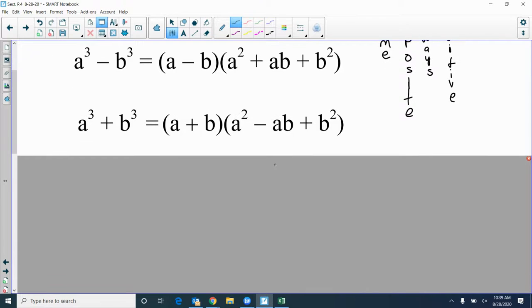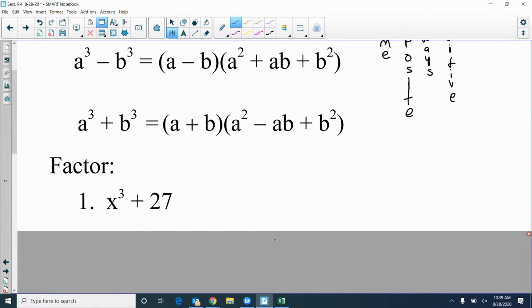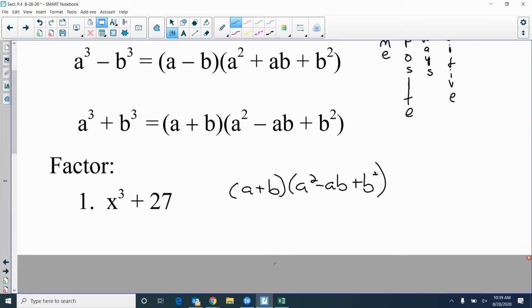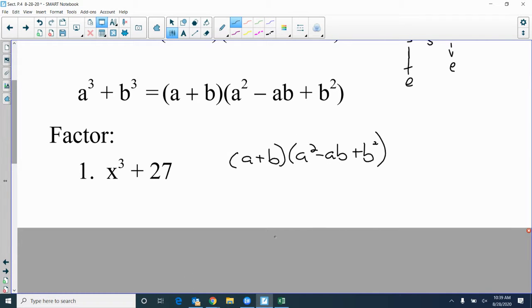Let's take a look at a case here. x cubed plus 27. Now it's a plus, so it's gonna be a plus b times a squared minus ab plus b squared. You just need to identify what your a and b are. x cubed is fine, but 27 I'm gonna rewrite as 3 to the third power.